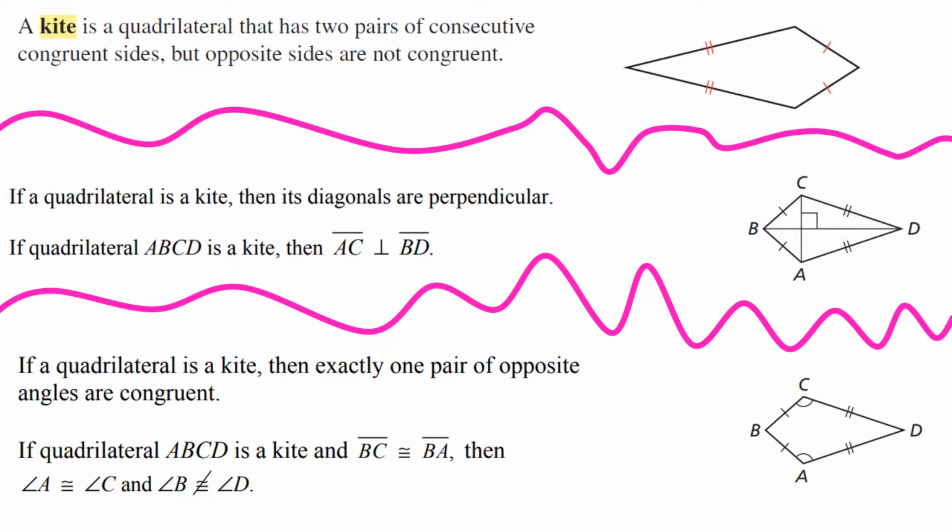Key thing to note in the very top picture there with the definition, yes, there are two pairs of congruent sides, but notice they are not opposite sides that are congruent. Right? If the opposite sides were congruent, it would be a parallelogram. We are talking about a kite.